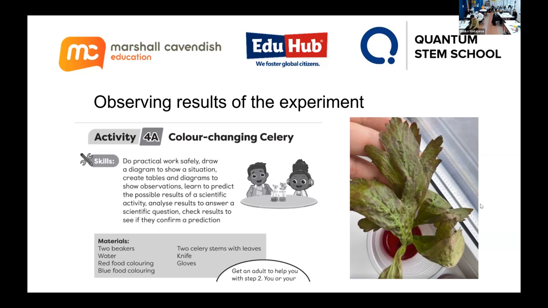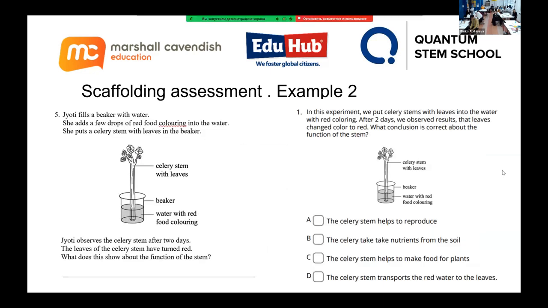So they have already done this experiment, and we have already concluded that the stem helps to transfer the nutrients in water. However, it was given as an assessment next time, and the description here is already like put celery stems with leaves into the water with red color. Already they know what's going on, also from the picture.